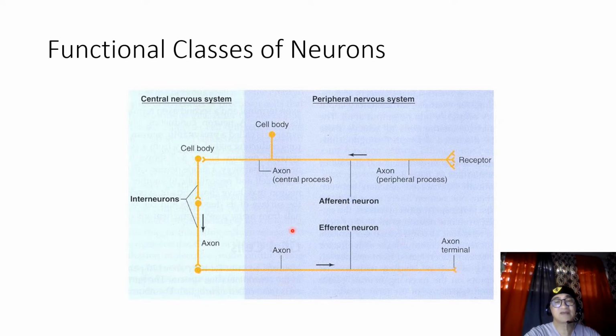The efferent neurons are also called motor neurons because the signals coming from the interneurons of the central nervous system are actually command signals to effector organs and tissues such as muscles and glands. So they generate action or responses in the effector cells, hence they are called motor neurons.